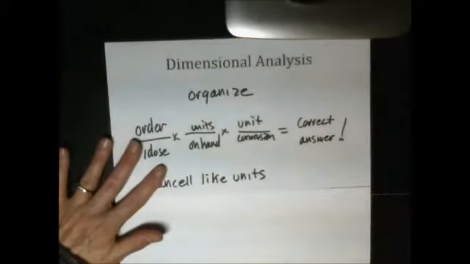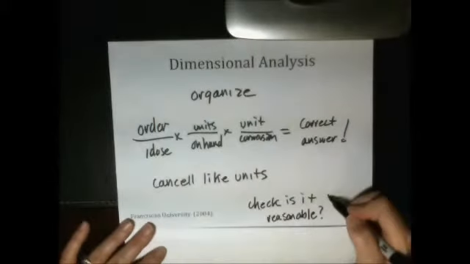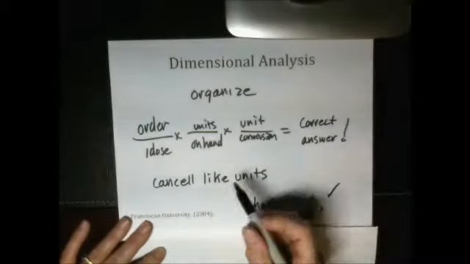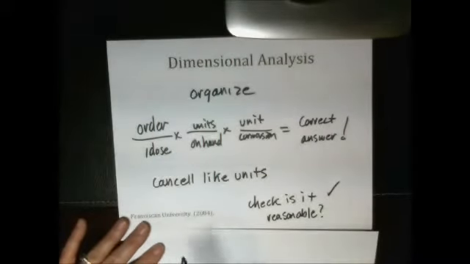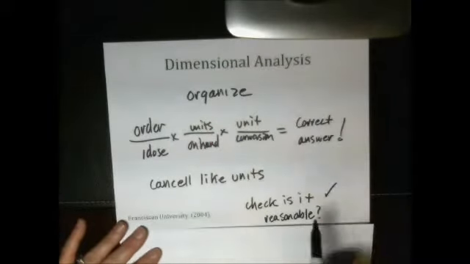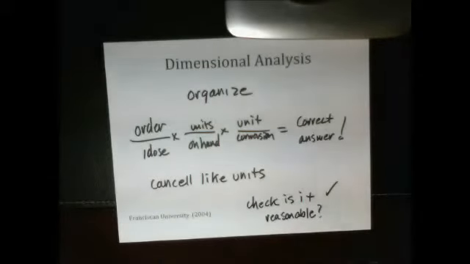Our last item that we want to cover is it reasonable? Somehow, either do it mathematically, look at it rationally, ask yourself, is that a reasonable dose? And that's dimensional analysis.